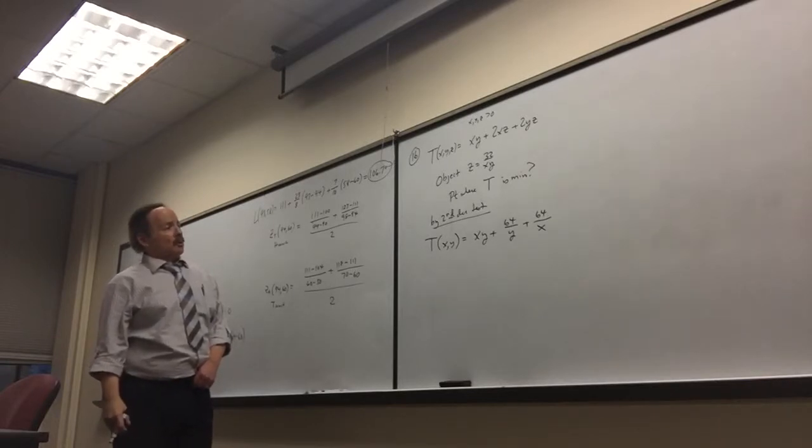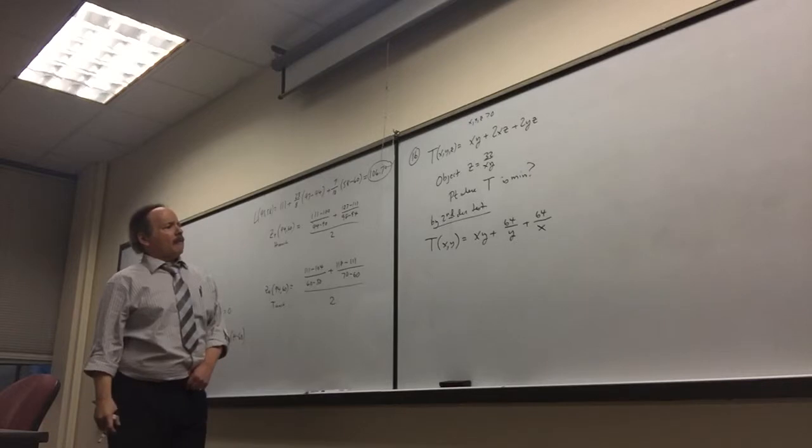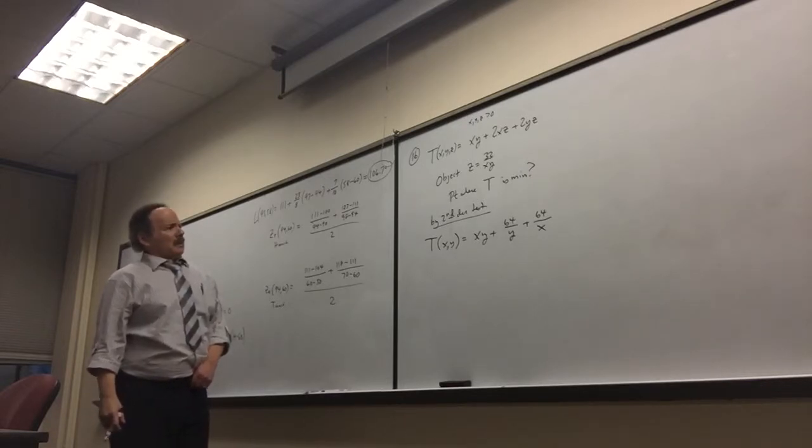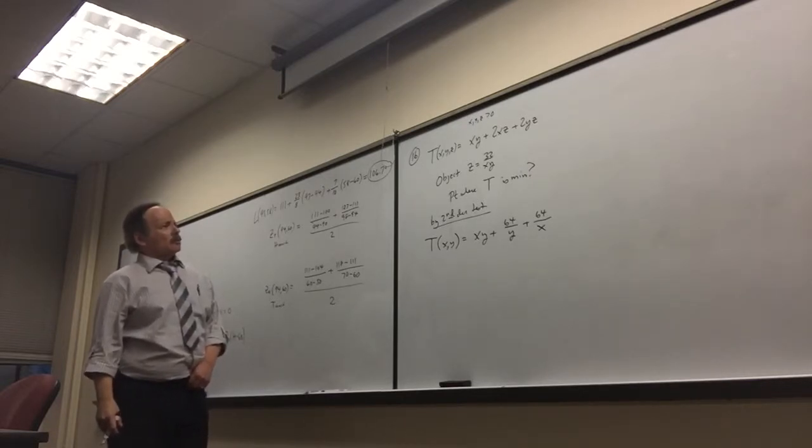For the second derivative test, you must have a function of 2 variables. We don't know how to apply the second derivative test with a function of 3 or more variables, so we have to do it this way.